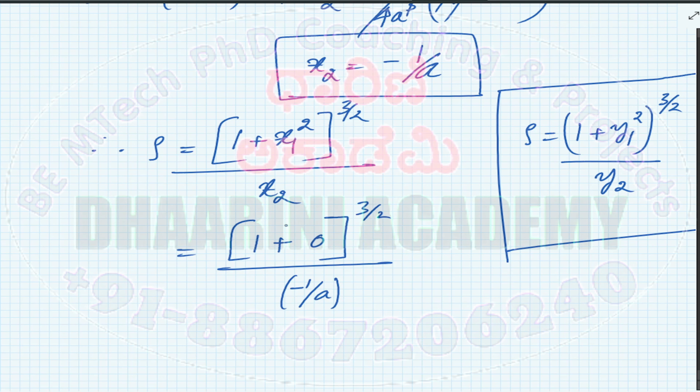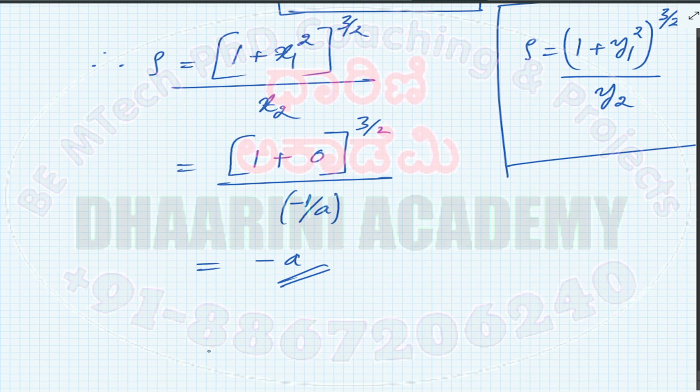So numerator is 1. 1 divided by minus 1 by a is simply minus a. Since it is a radius, you can take the magnitude. So magnitude of rho is magnitude of minus a, which is plus a. So this is the required answer.